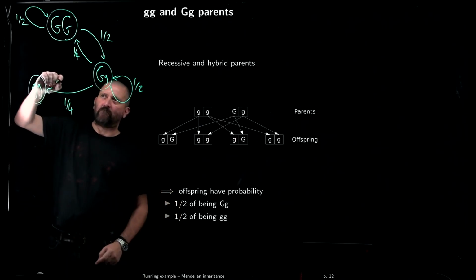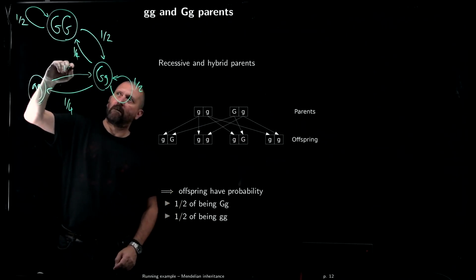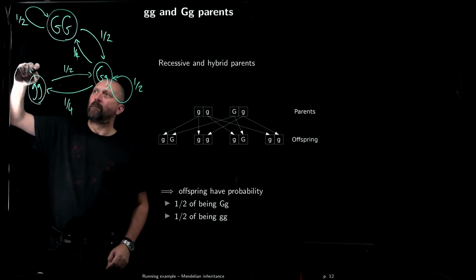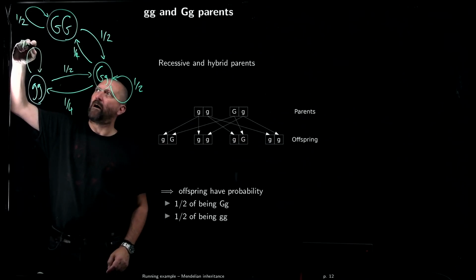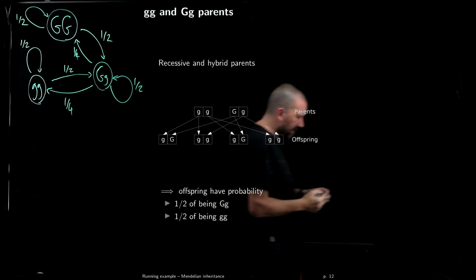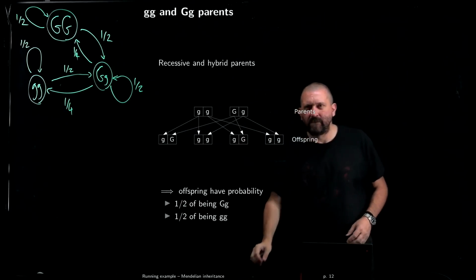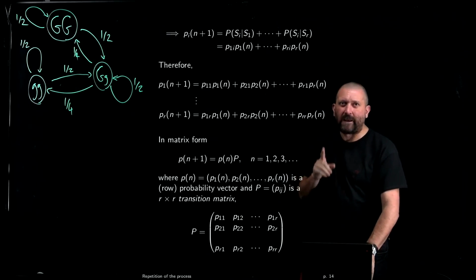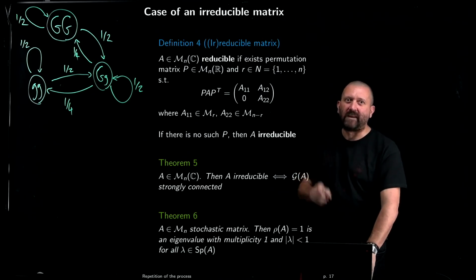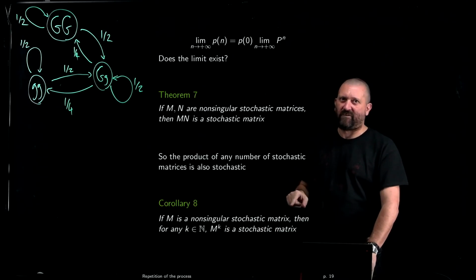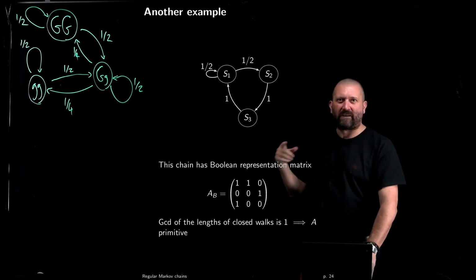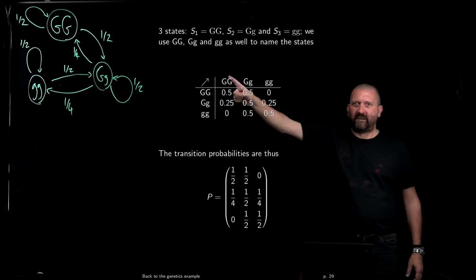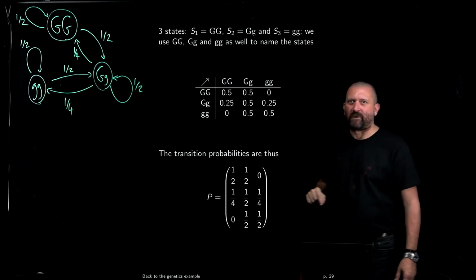I have a probability 1/2 of moving back into hybrid, or a probability 1/2 of remaining recessive. And this is my Markov chain when I have continuous mating with hybrid parents. Okay, these are the probabilities that I will make those transitions with a parent. And this gives us this matrix that we have here.